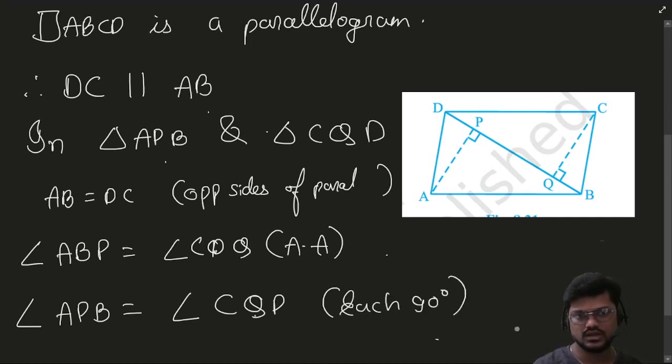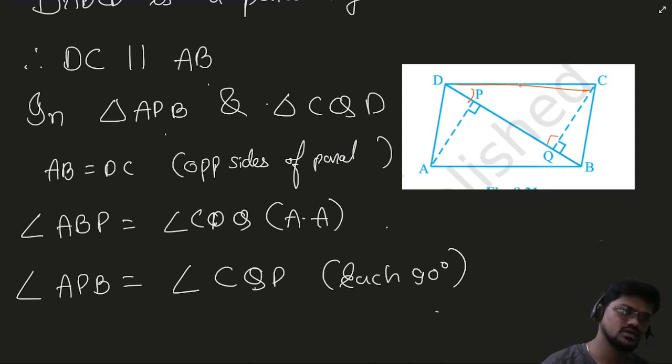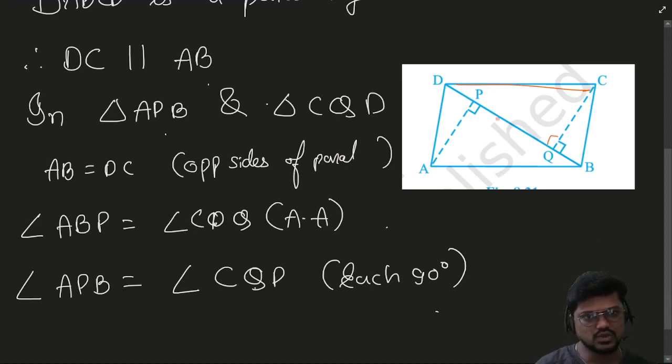Both are 90 degrees. So what all things did we have? This angle, this side, and this angle, right? So angle, side, and it's a right angle. So what can we say, RHS, right angle, hypotenuse, side? No, it is not RHS. It is the AAS test. Why? Because these two angles are equal and this side is equal.